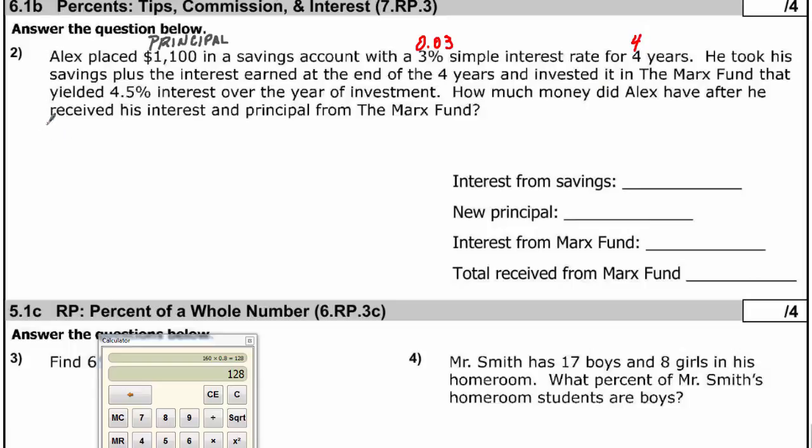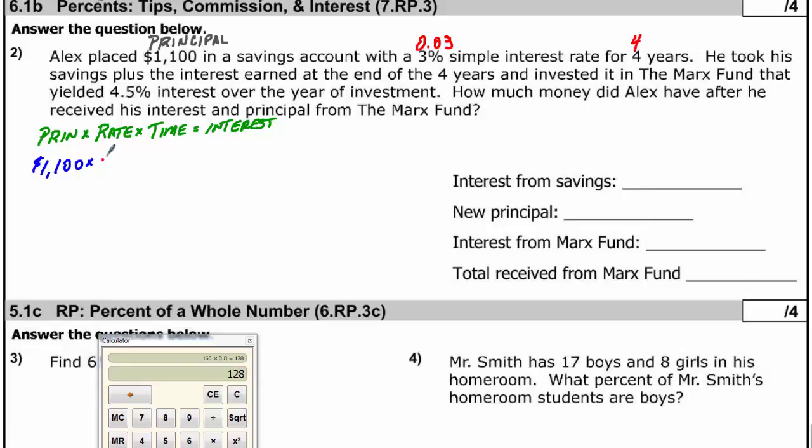And we're going to put that into the formula, which is principal times rate times time equals interest.